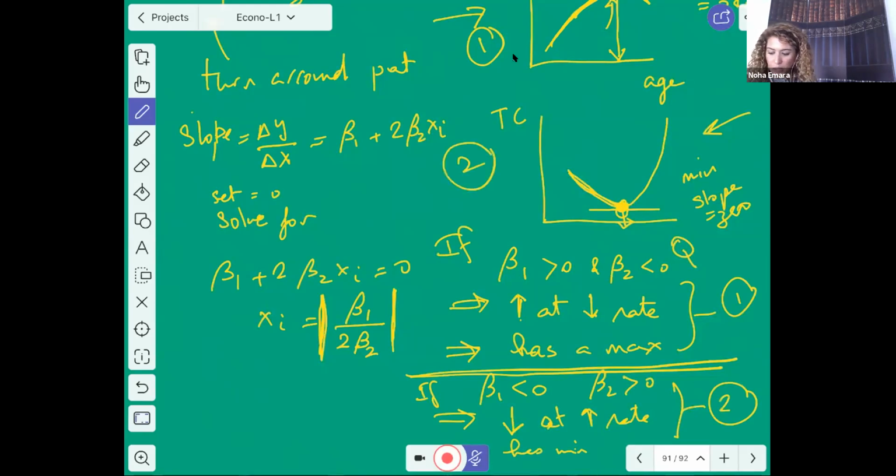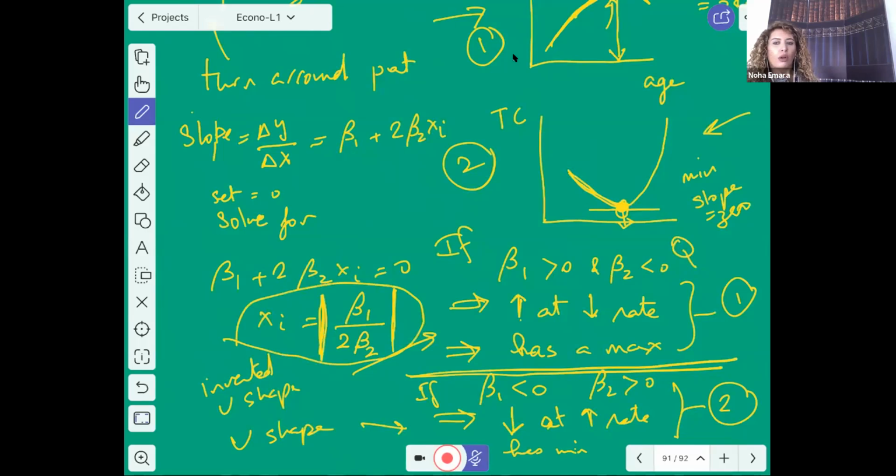This one has an inverted U shape. This one has a U shape. So I might be all the time interested in this turnaround point or cut-off point. You can call it a cut-off point or a turnaround point, and you see me mentioning both every time.